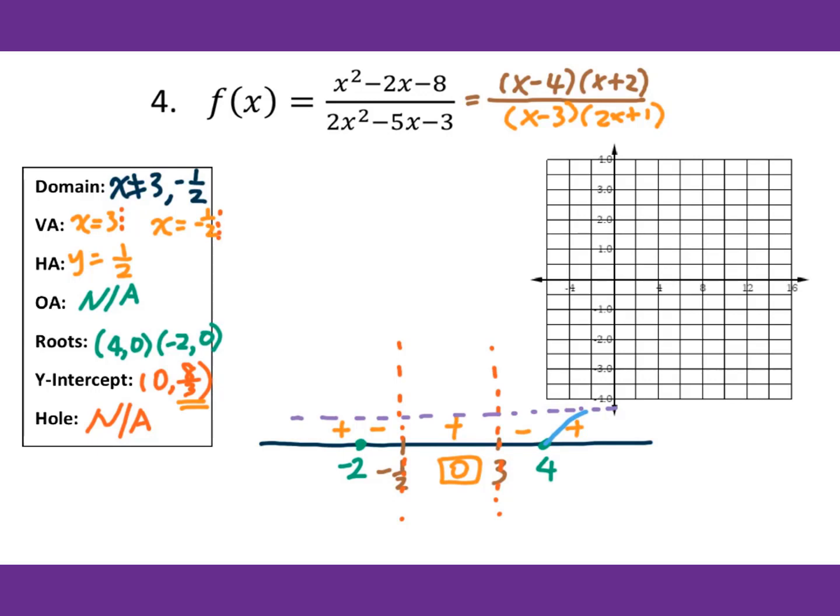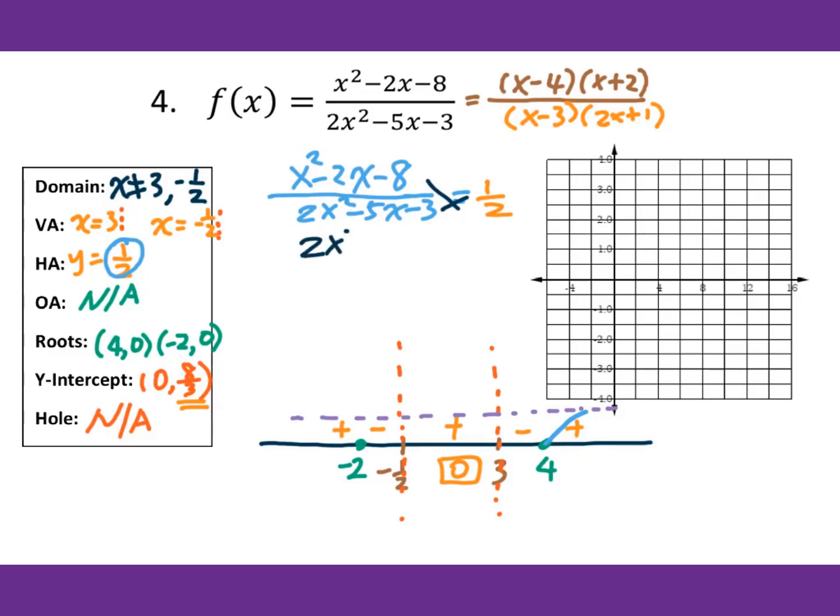Therefore, you need to work on the intersection of the rational function and the horizontal asymptote line. We set up (x squared minus 2x minus 8) over (2x squared minus 5x minus 3) equals 1/2. Then we cross multiply.